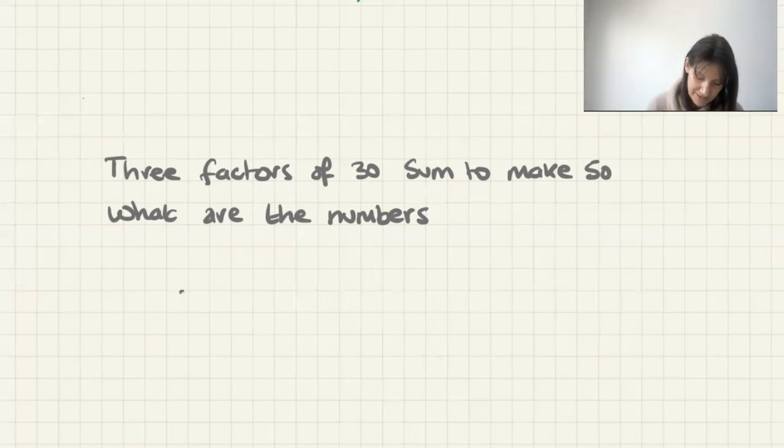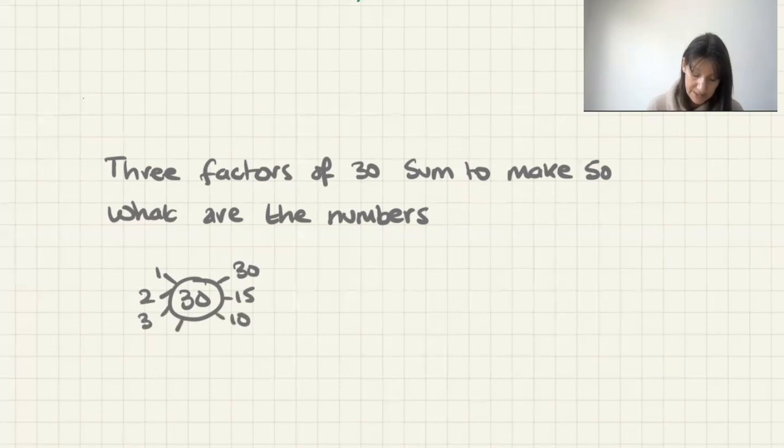Okay, so my factors of 30 is job number 1. 2 and 15, 3 and 10. Is it in the 4s? Nope. Is it in the 5s? Yep, 5 and 6. And then it would be a case of just sort of trial and error, okay? I might look at the 30 to start off with because it's a big number, so it might get me there faster.